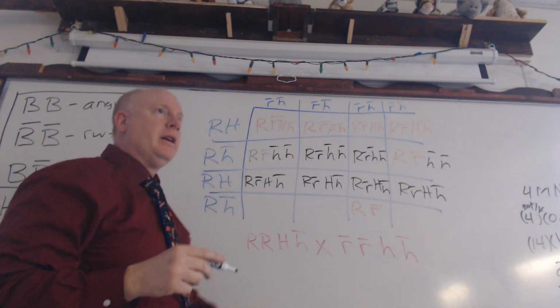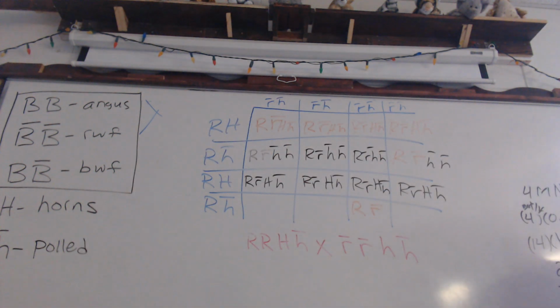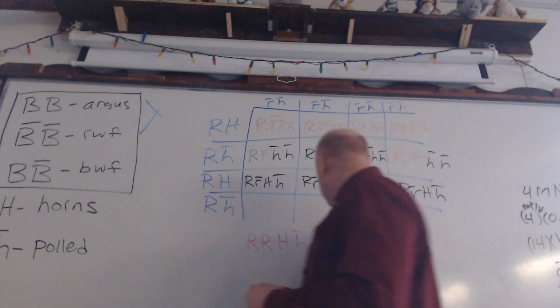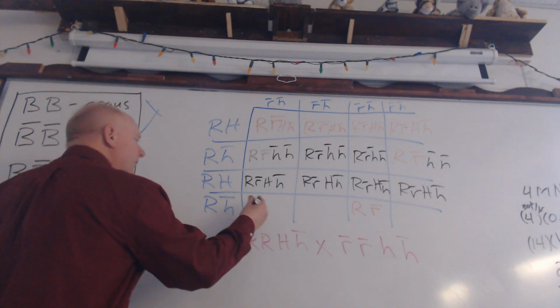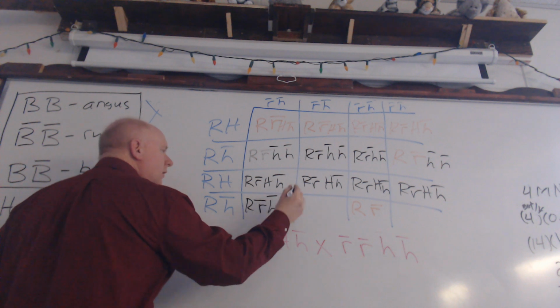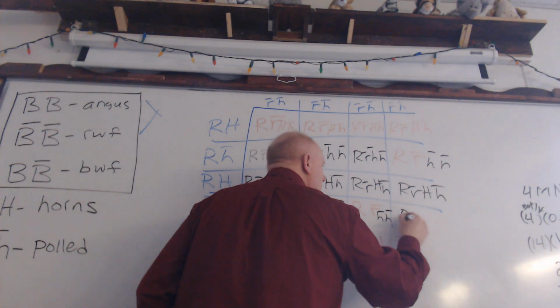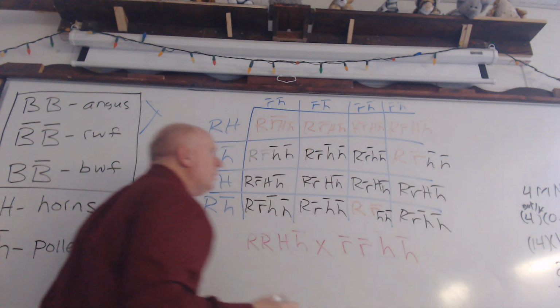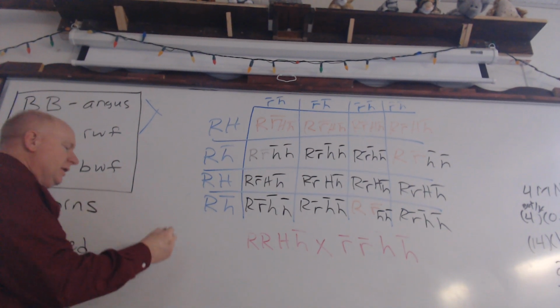Okay, and then, so I think this comes out to be 25%, 25%, 25%, and 25%. No, 8 and 8, isn't it? 8 and 8, okay. Okay, so each and every one of these coat colors is going to be what you had said?